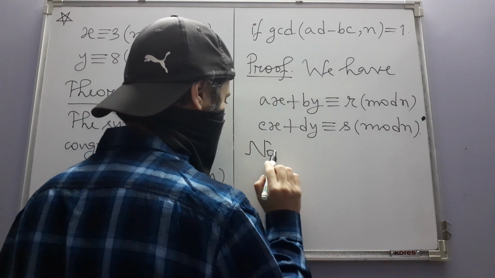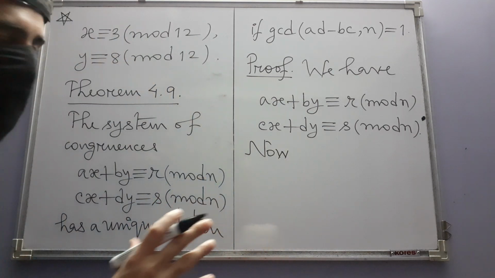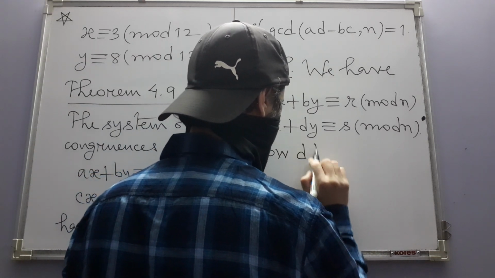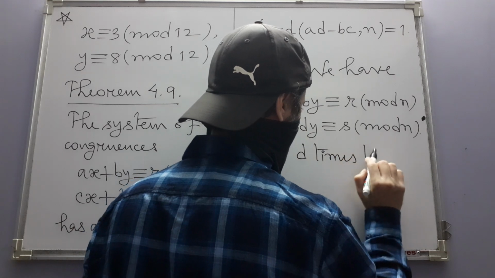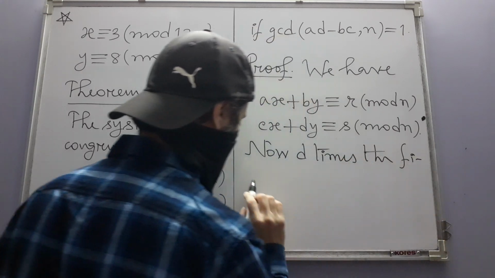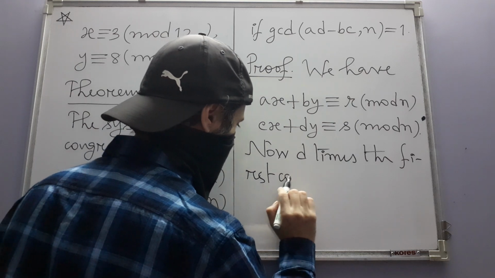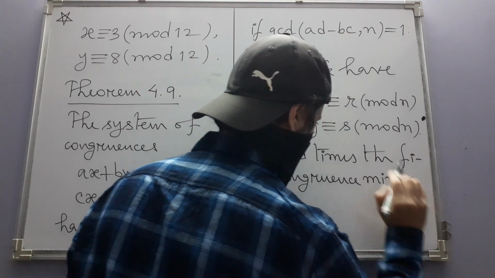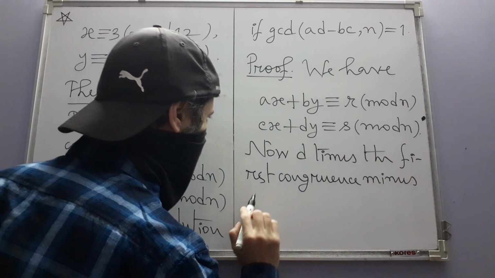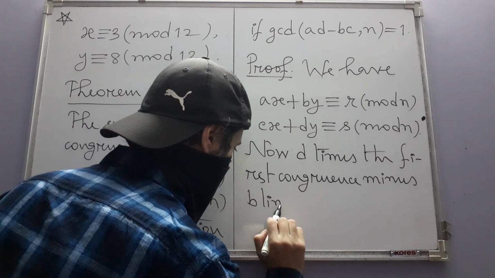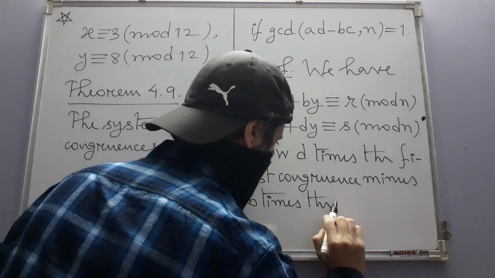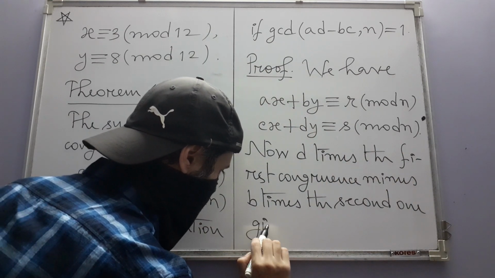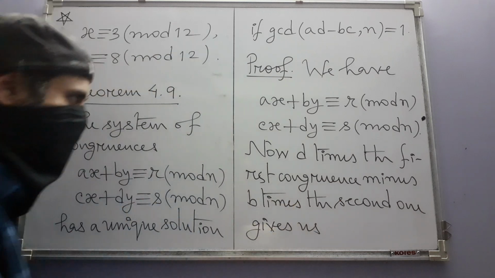Now, we are going to write in a slightly casual manner, not really very rigorous, like this. Now, D times the first congruence minus B times the second one gives us the following.